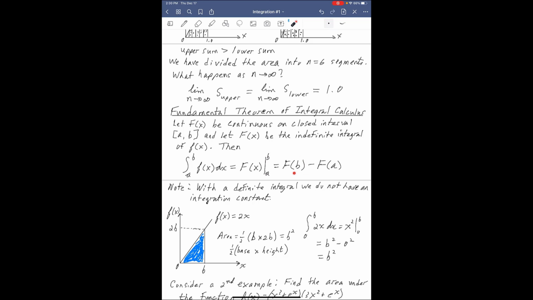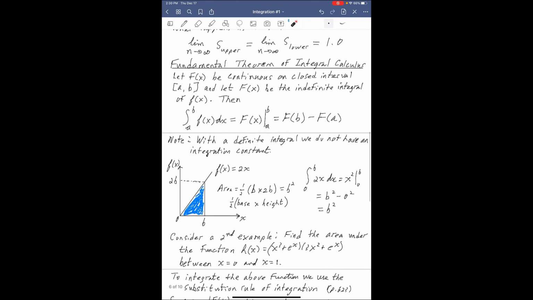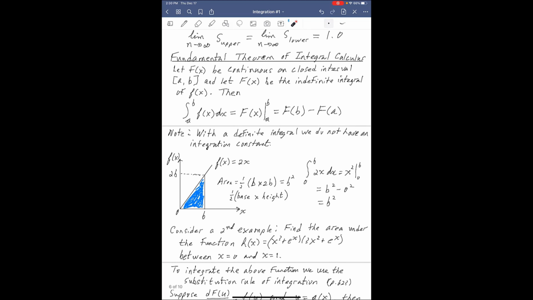So we evaluate that large F at b and subtract the value at a. Note, with a definite integral, we do not have that integration constant anymore.